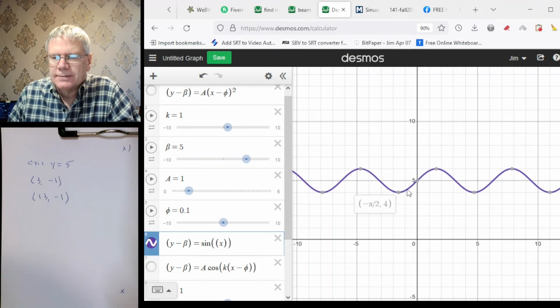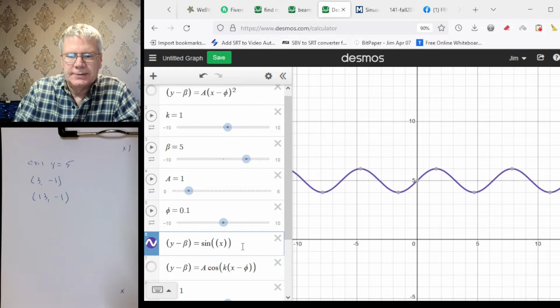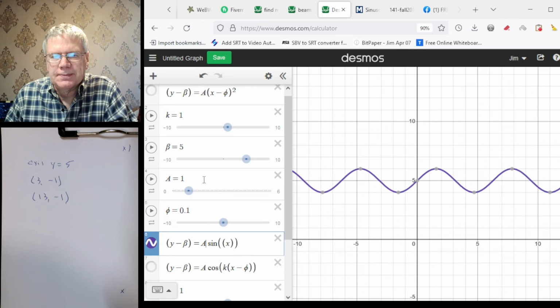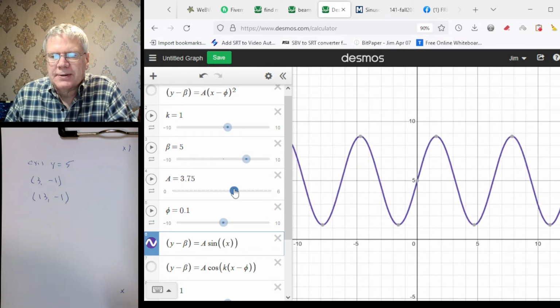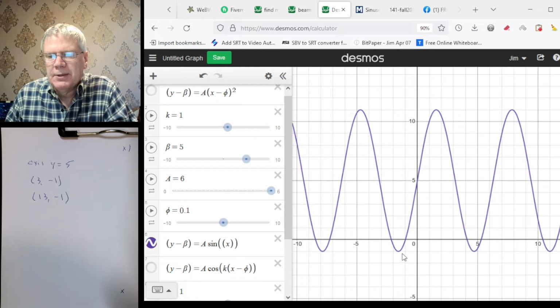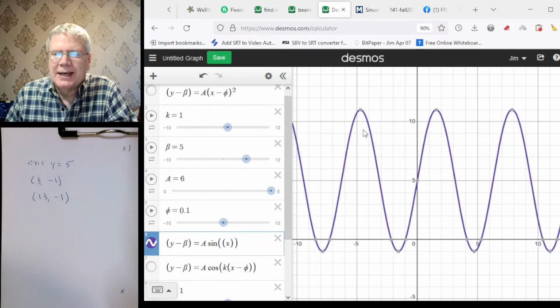So we better subtract something from, well, we can't subtract because that'll change our axis. So let's change this. And this is our stretching parameter, and if I go to 6, okay, now my minimums are at minus 1. Okay, so the x-coordinate's not right yet, but now we have the amplitude.